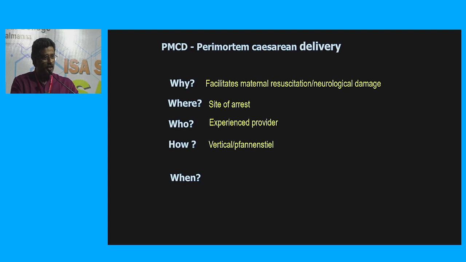So what they say now is you can do either vertical or Pfannenstiel, because the time to delivery is much longer when the present gynecologists do a vertical. And when should you do it? Within 5 minutes. So within 5 minutes you should try to deliver the baby.